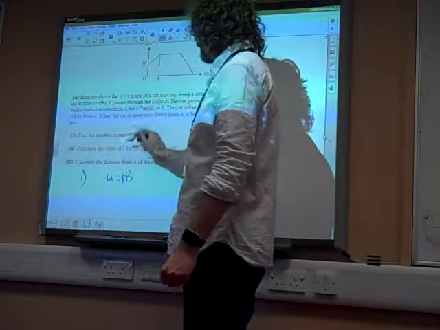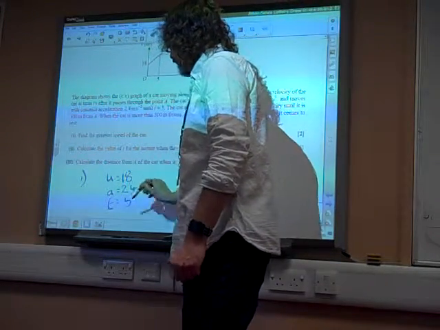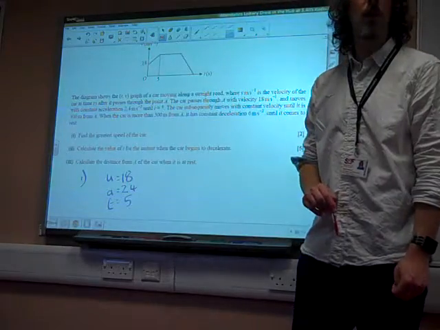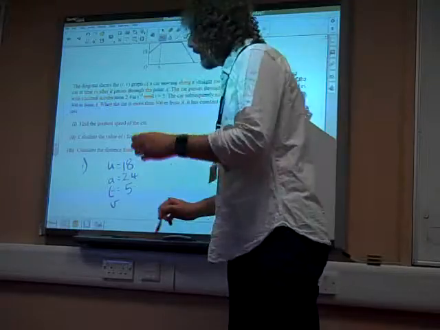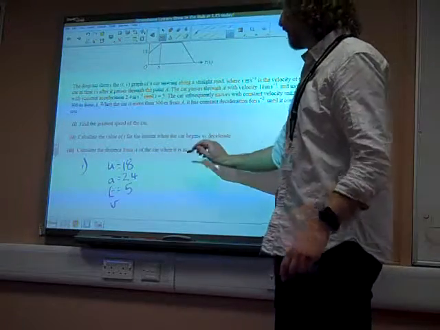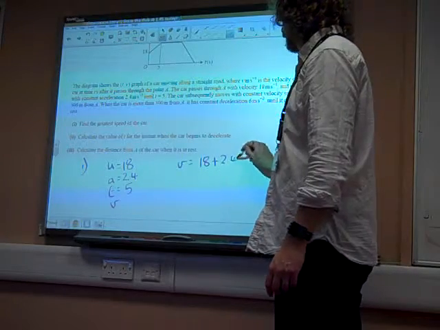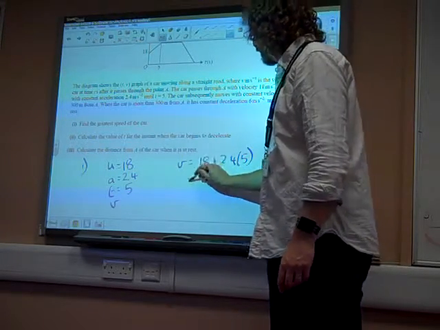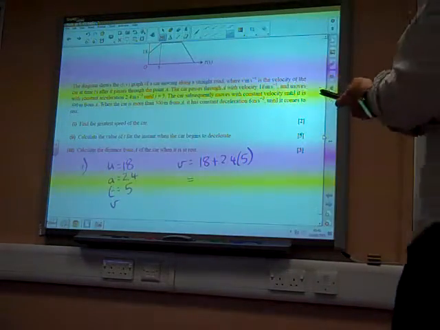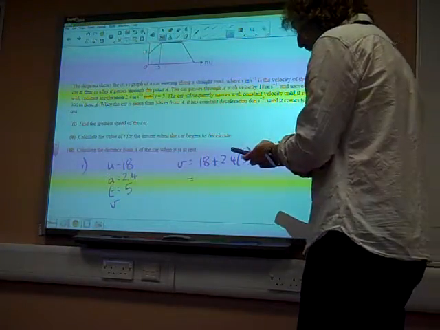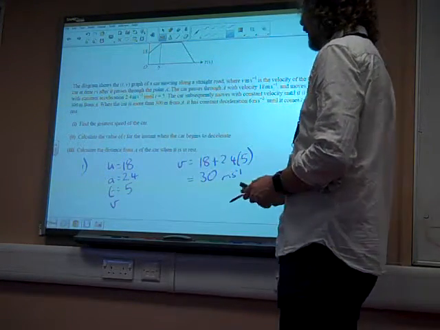We've got an acceleration we were told about of 2.4 that is going on for a total of 5 seconds and reaching a final velocity v. So it's all really nicely set up to use v equals u plus at to give us our maximum velocity, which is 18 plus 2.4 times 5, I should have done that in my head, is 30 metres per second.